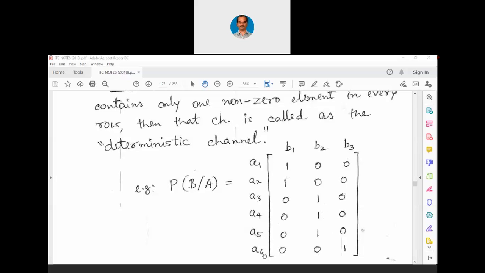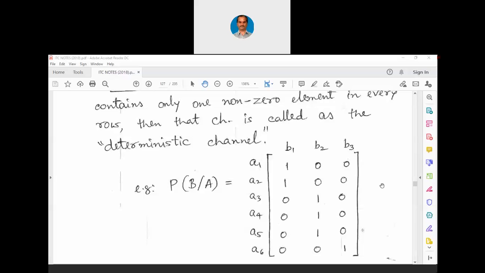B3 is received when A6 is transmitted. So there is only one non-zero element in every row. Okay, now this is called as deterministic. In the sense, we will be receiving a particular symbol at the destination for some set of symbols which are transmitted at the source.